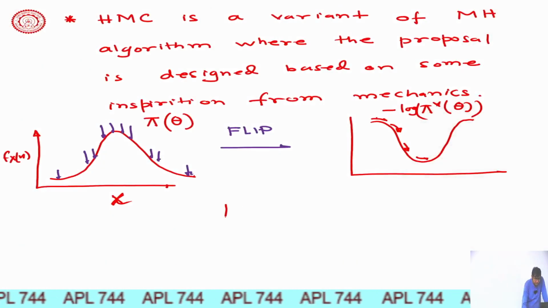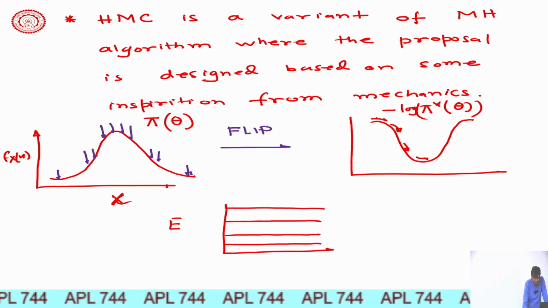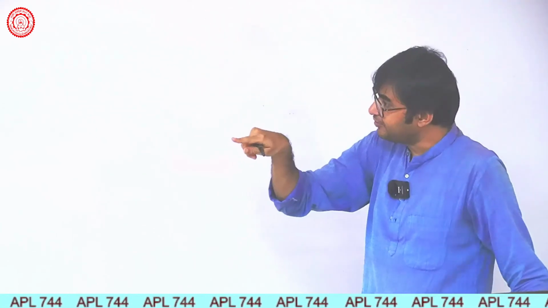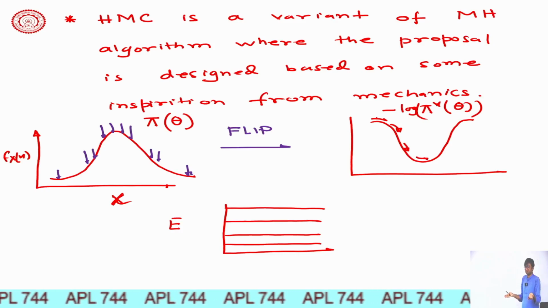Suppose I have this energy, and let's say this is my E0, E1, E2, E3, and it can go up to different energy levels, E10, E100, En. So each horizontal line represents an energy level. The ones at the bottom are the low energy levels, the ones at the top are the high energy levels.